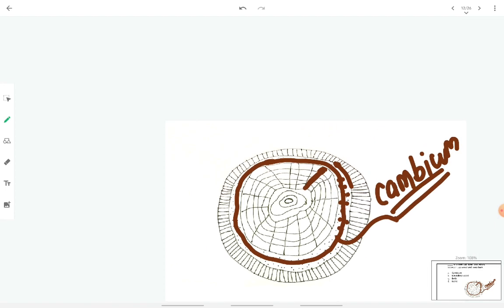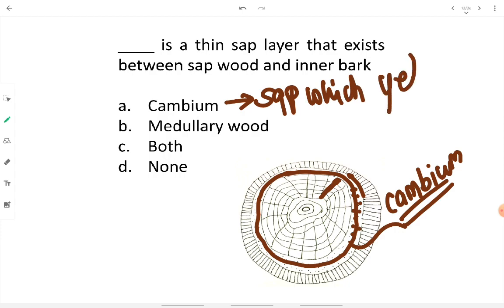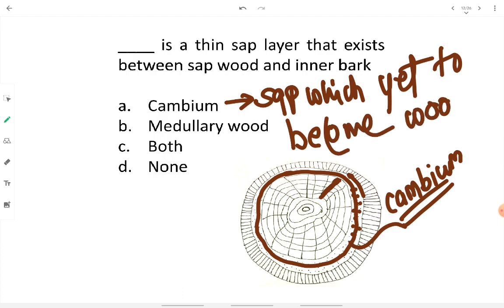Cambium. Cambium is nothing but sap that has not yet been converted into wood, sap which is yet to become wood, is called what? Cambium layer. It is kind of softer.